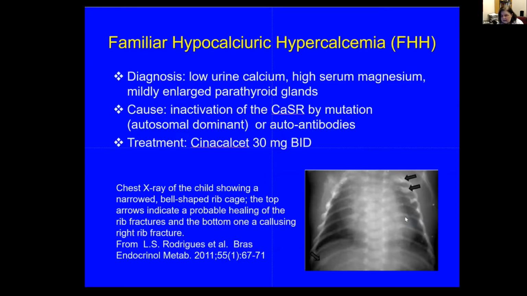And if it's very low, usually less than 60 milligram in 24 hours, then this is indicative of FHH, and the treatment is not parathyroidectomy, even though they have enlarged parathyroid. The cause is an inactivation of the calcium sensing receptor. They may or may not have a family history. And the treatment is cinacalcet, which resets the set point of the calcium sensing receptor.